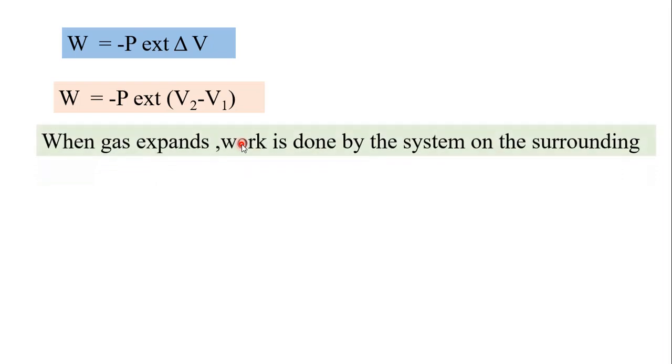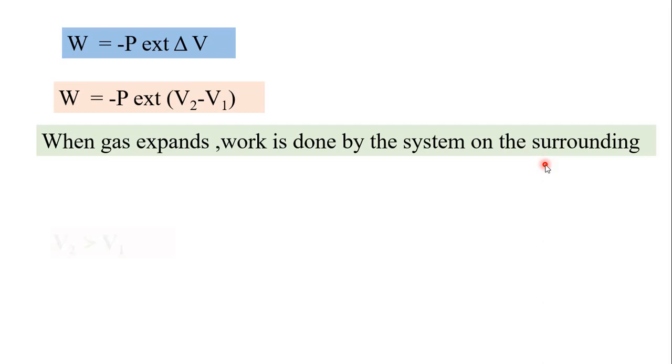Now we will see the sign of the work W when expansion takes place and when compression takes place. When the gas expands, work is done by the system on the surroundings. The system utilizes its energy to do the work.